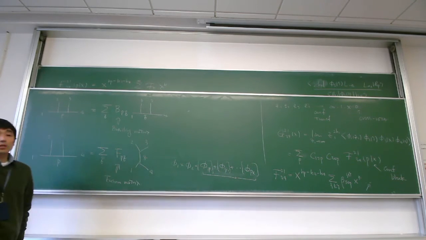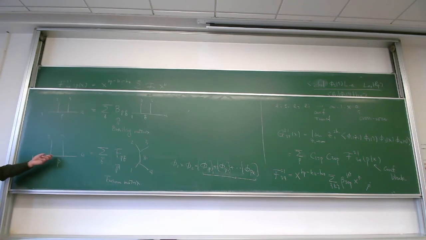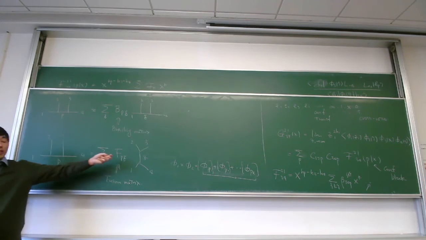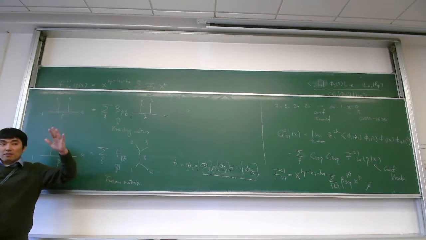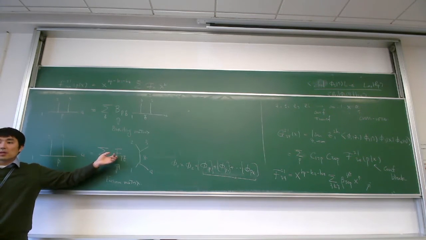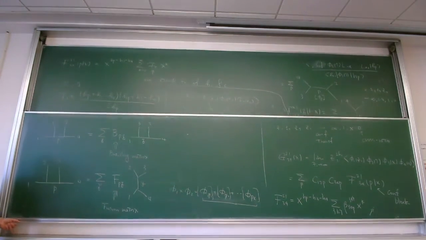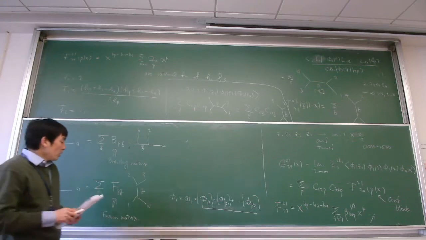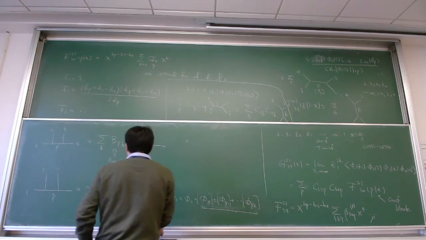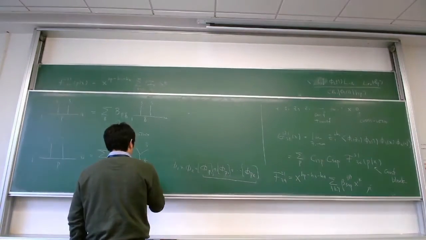Therefore the intermediate channel has only finitely many, so this matrix is just of finite size. It depends on P and Q. So it is a finite size matrix. In particular, this F_PQ has another name, called the 6j symbol.